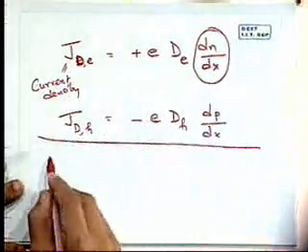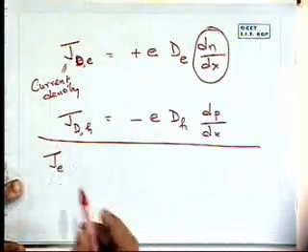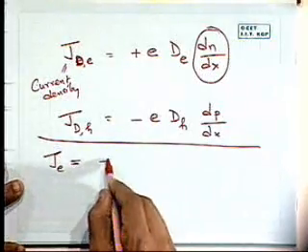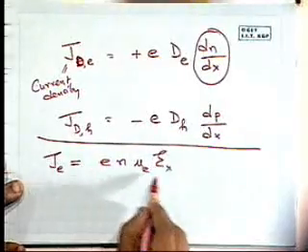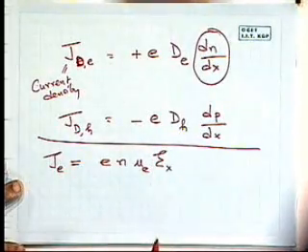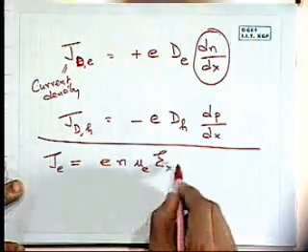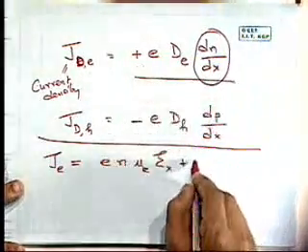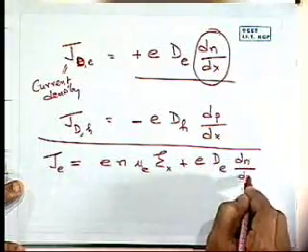So now I can write the total electron current. Both the drift current and the diffusional current will be given to us by our earlier expression for the drift current, which we obtained, sigma E, where sigma is n e mu_e, plus this term that we have here, e D_e dn/dx.